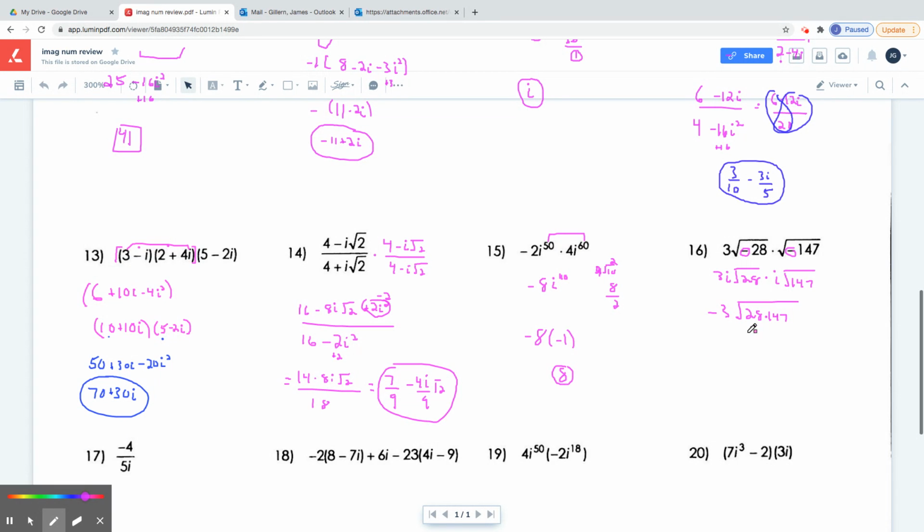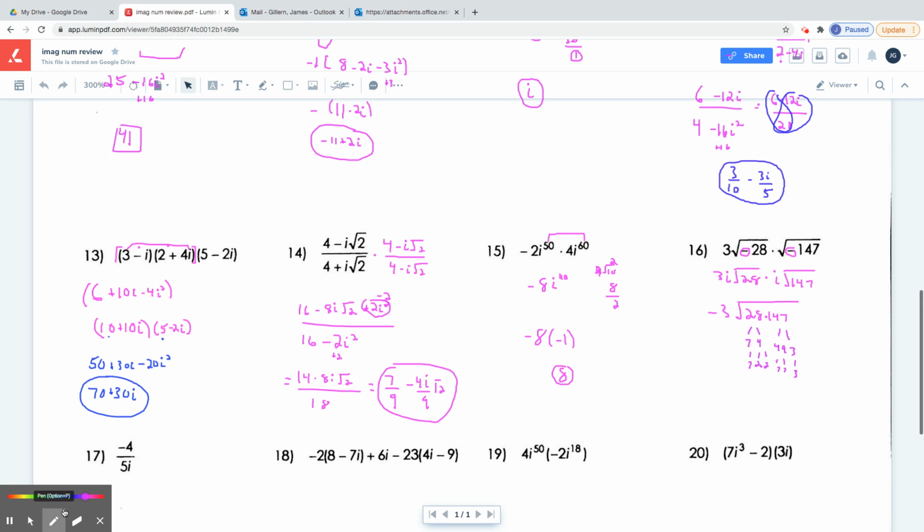28 is 7 and 4, so we have 7 and 2 2s. 147 is 49 and 3, so that's 7 and 7.